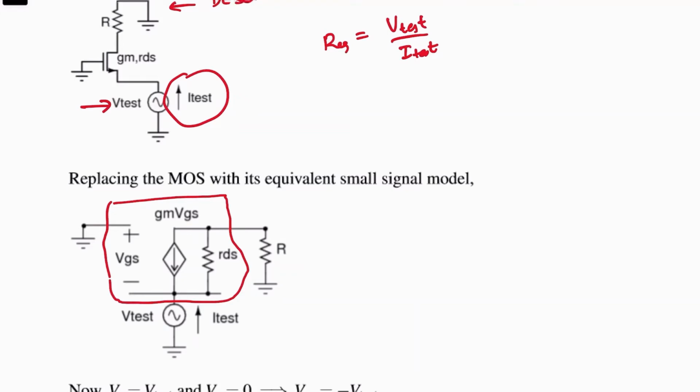And gm vgs is the small signal drain current component due to the gate to source voltage, and vds divided by rds will be the small signal drain to source current component due to the rds resistance.